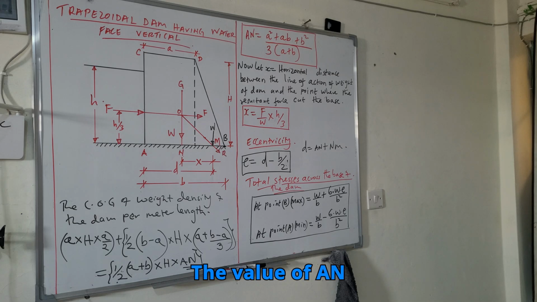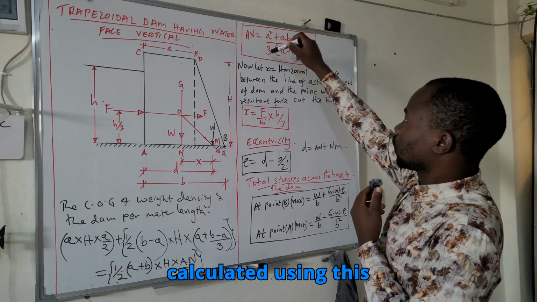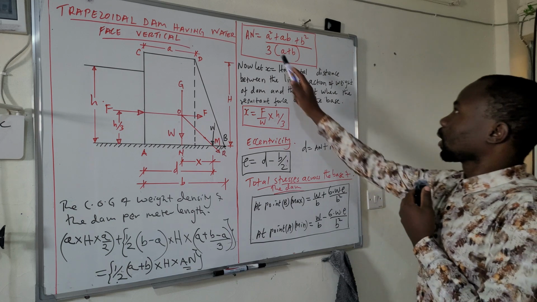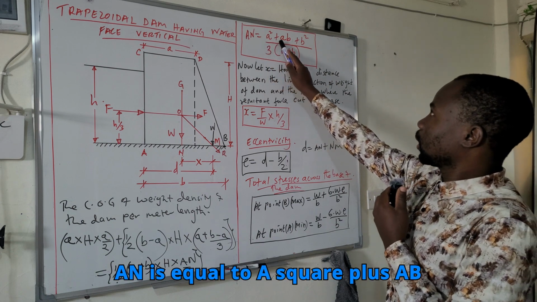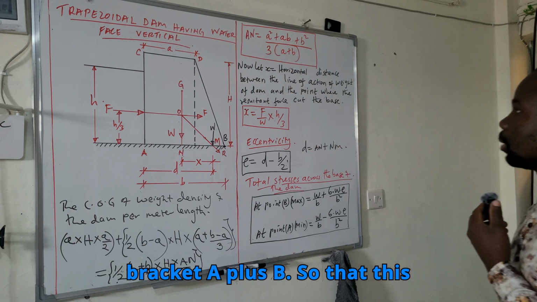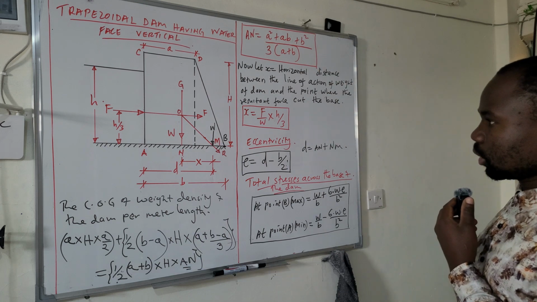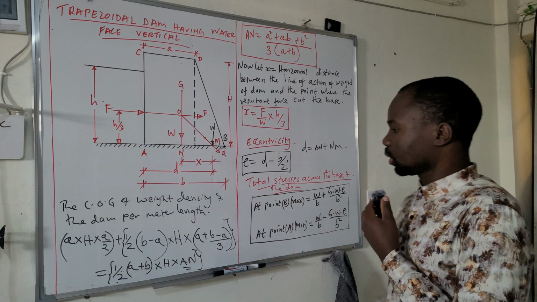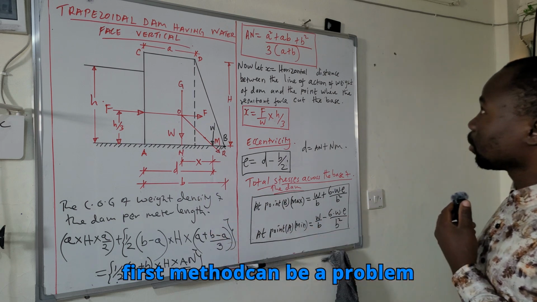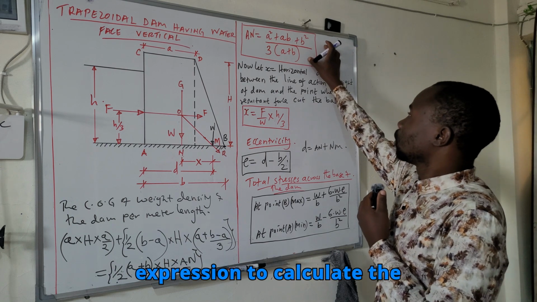The value of AN can also be calculated using this expression, whereby AN is equal to (A square plus AB plus B square) over 3 into bracket (A plus B). So if this first method can be a problem to you, then use this expression to calculate the value of AN.